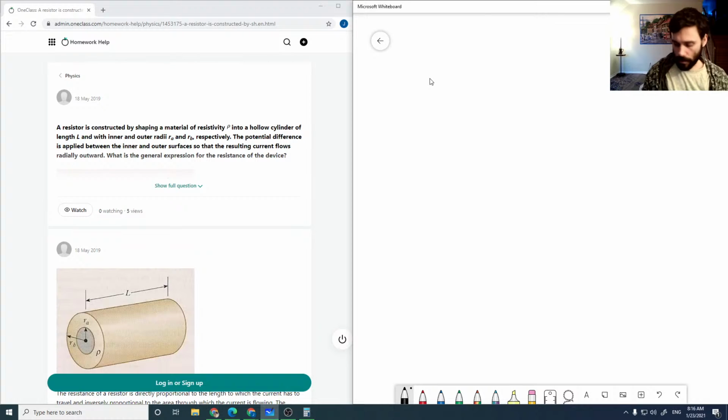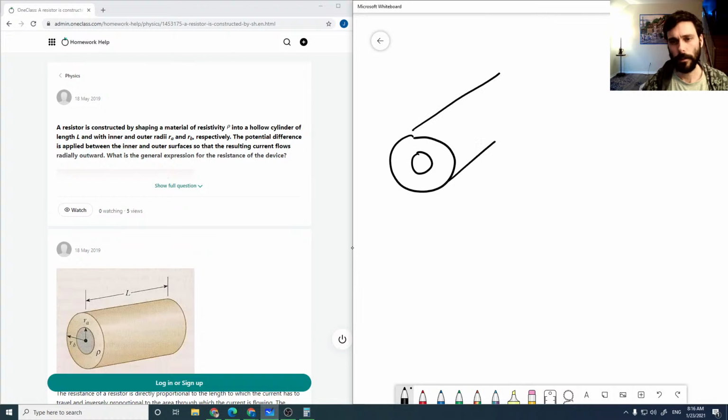So here we've got a resistor constructed from a cylinder, and it's of length L. We want to find the resistance between RA and RB, and the current is actually flowing radially outward.